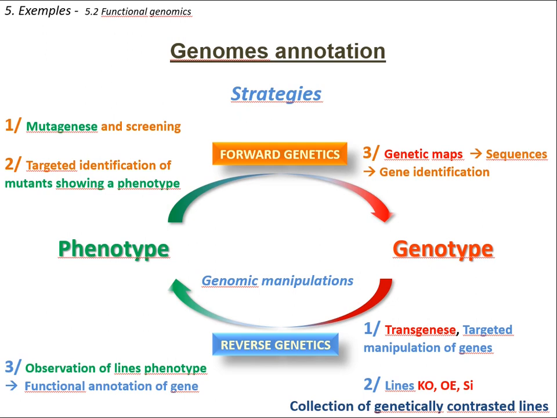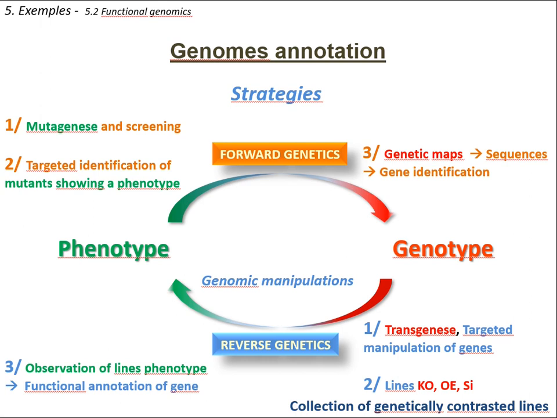Fortunately, at the same time, some progress was made in molecular biology, and we went from a situation where we could study genes in a forward manner by randomly mutating a high number of seeds, and then identifying the mutant showing an interesting phenotype, like a mutant impaired in growth, or enhanced in growth, or more or less tolerant to one type of stress.